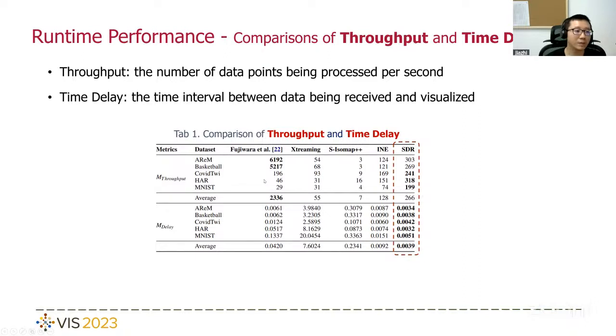The streaming PCA achieves higher throughput on the lower dimension datasets. However, its performance declined as the dimensionality increased. In contrast, our approach consistently performed well across different data dimensionalities.